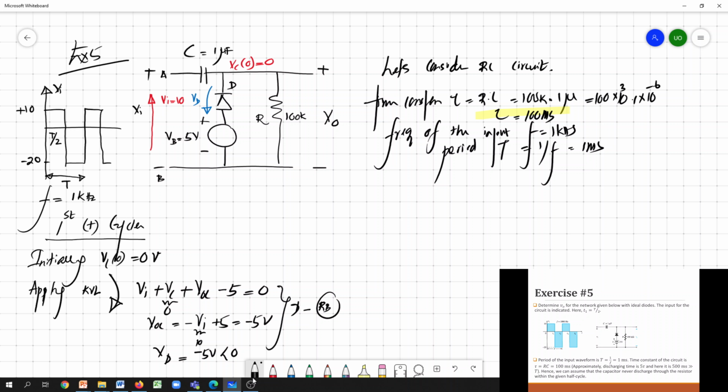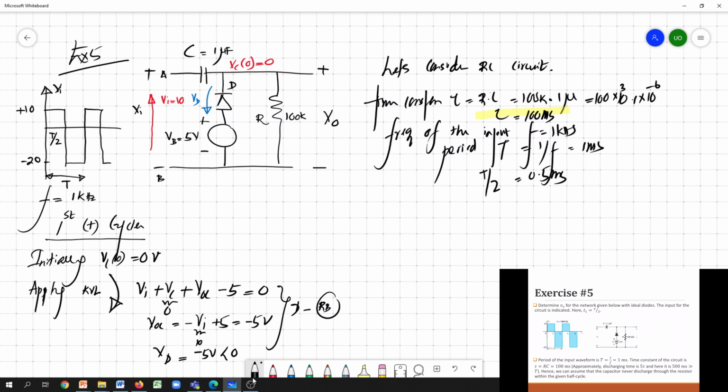So the time constant is 100 milliseconds and the period is 1 millisecond. If we evaluate T by 2, this is 0.5 milliseconds, which means the input is alternating its voltage within 0.5 milliseconds.